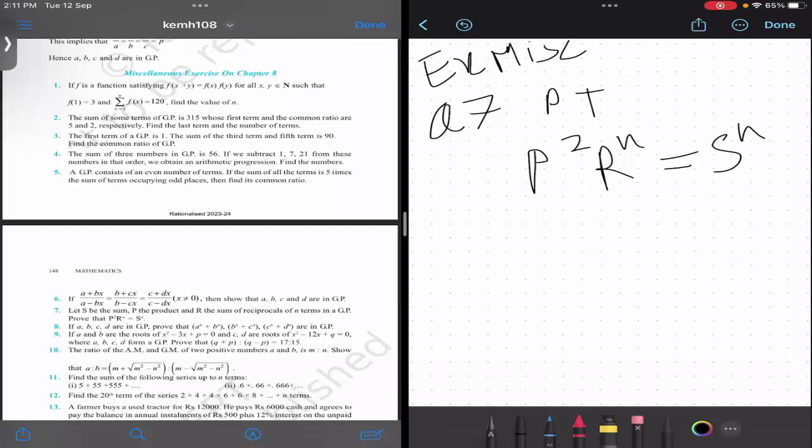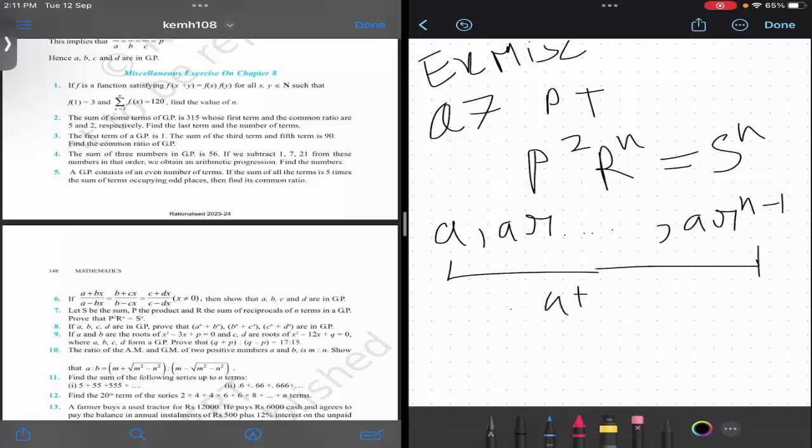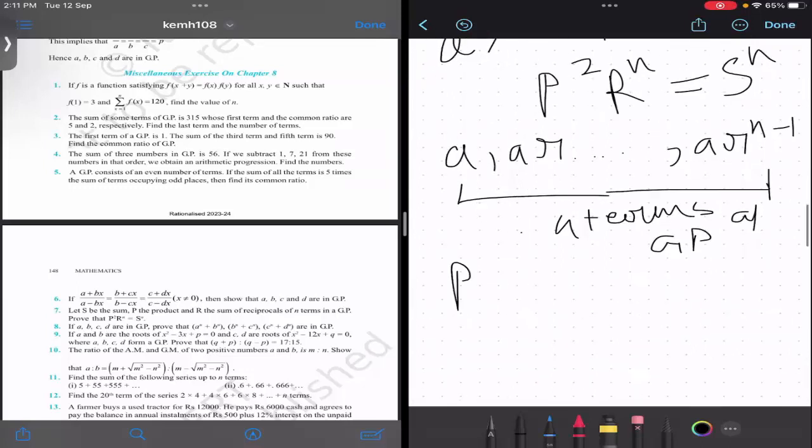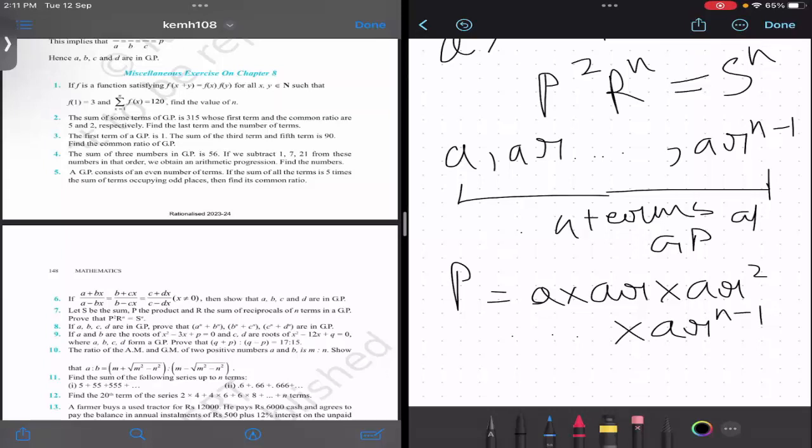Let's assume the GP to be a, ar, up until ar raised to power n minus 1, and these are the n terms of the GP. Then P, or the product of the terms, would be a into ar into ar square up until ar raised to power n minus 1.